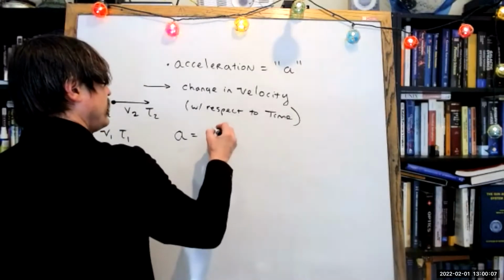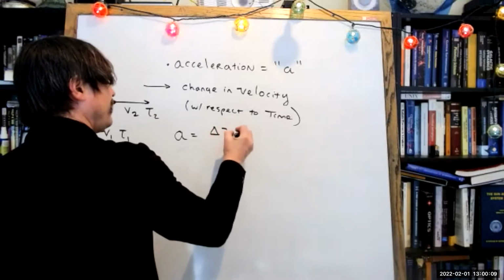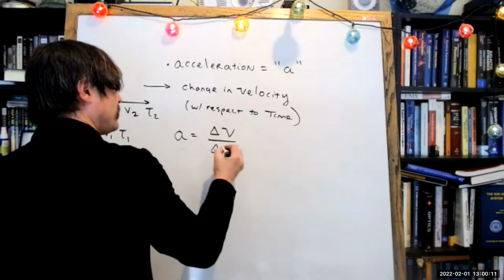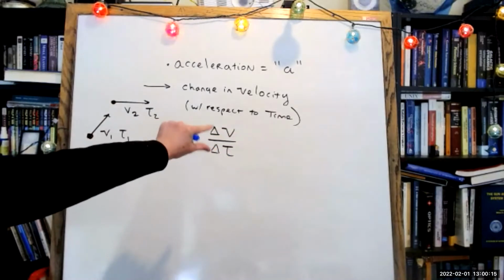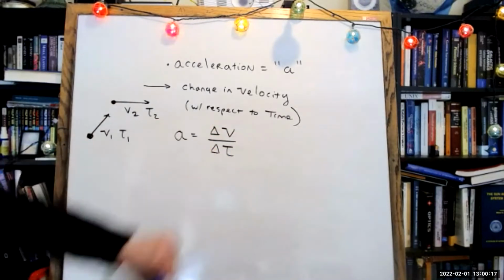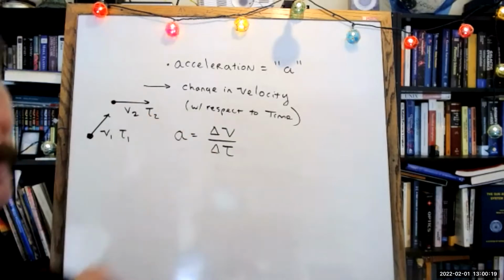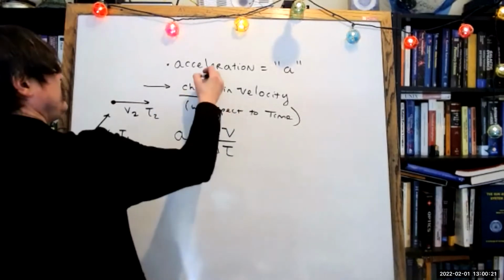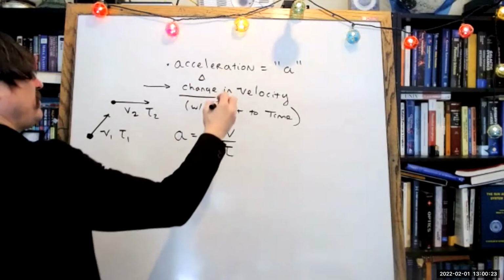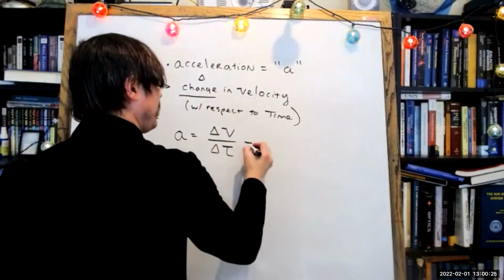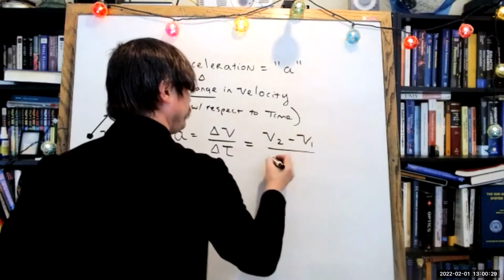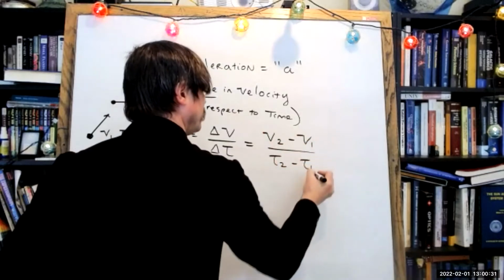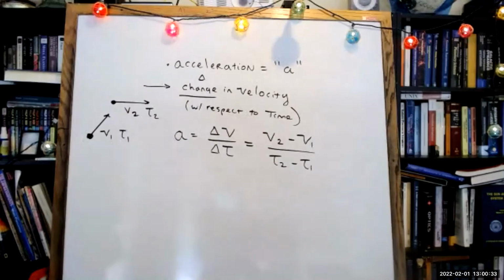We can say delta V over delta T. This is the real definition of acceleration, where I've used those mathematical operators. The little delta symbol means change, okay? We use delta for change, and what it means, if you remember your high school maths, is V2 minus V1 over T2 minus T1.